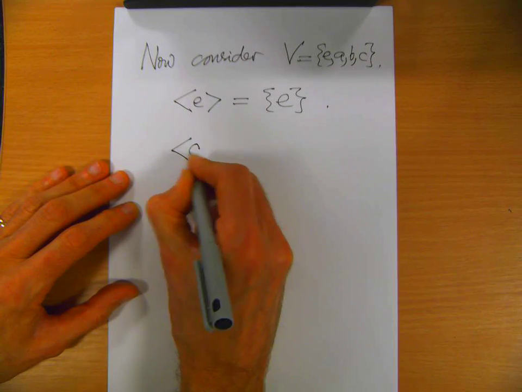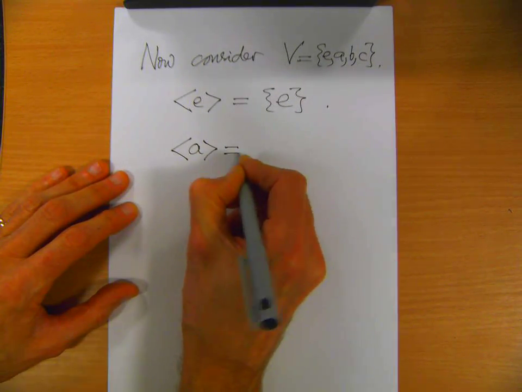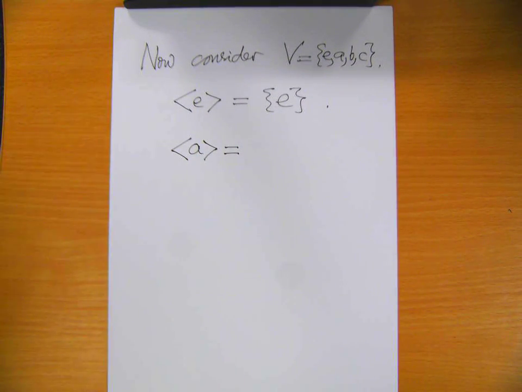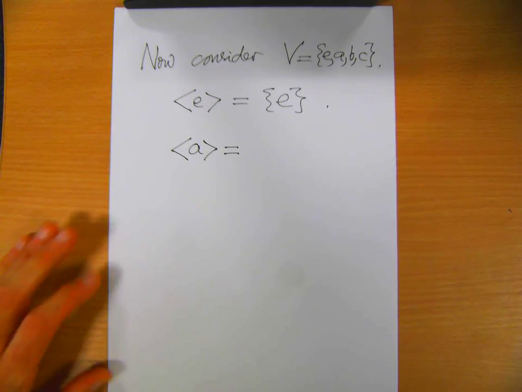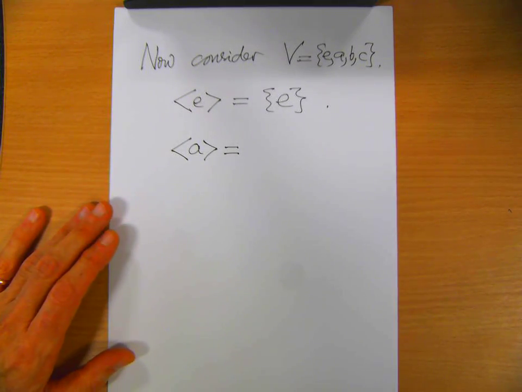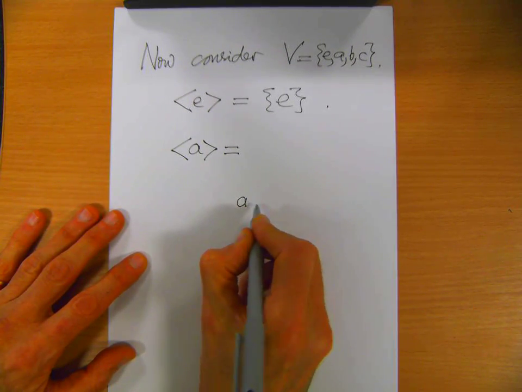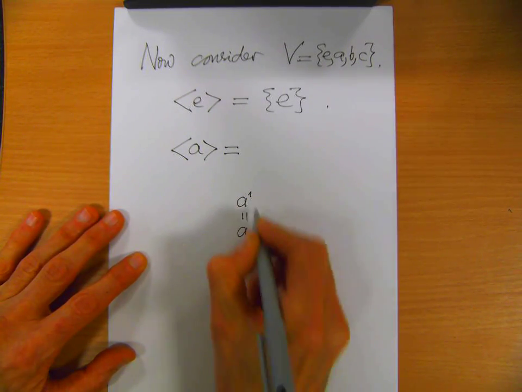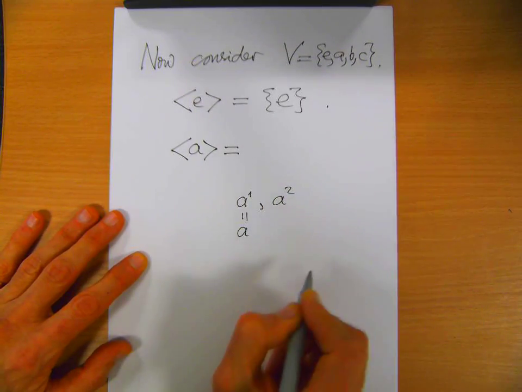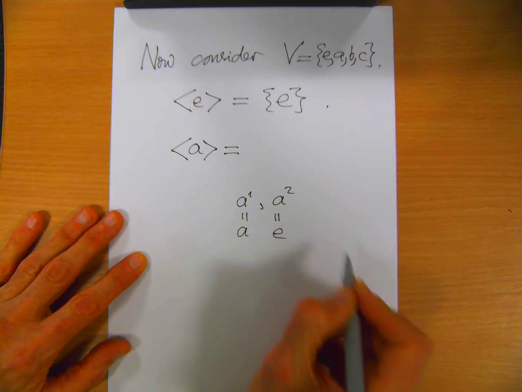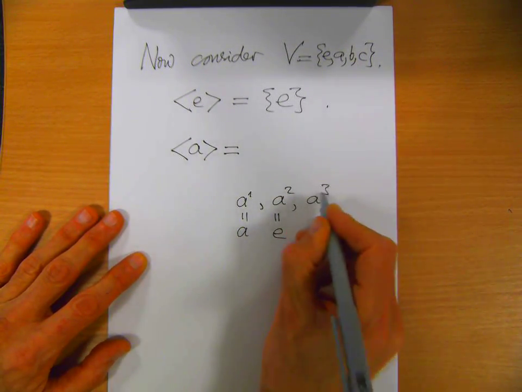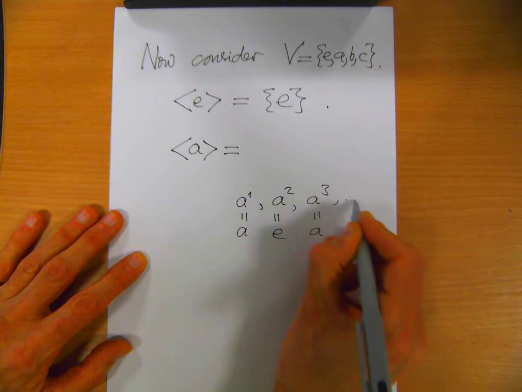What about A? Well, remember, A squared is the identity. So if I start with A, and then I multiply it by itself, A squared is the identity, so A cubed must be back to A, and so on.